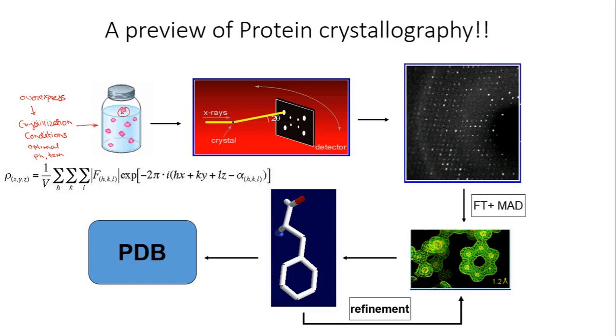Okay, and when you figure out, so this is the concentration of my protein that I would require, this is the optimal pH, this is the optimal temperature, these are some other factors that I have figured out. These are the conditions at which my protein will get crystallized. So what exactly happens when your protein gets crystallized?